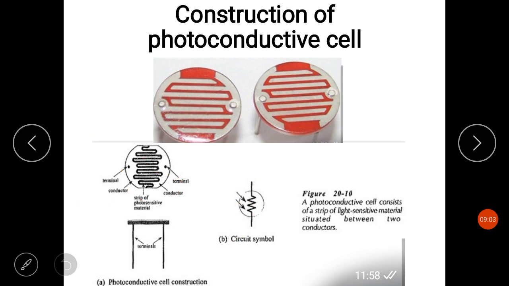As you can see here, I have shown the construction of the photoconductive cell.